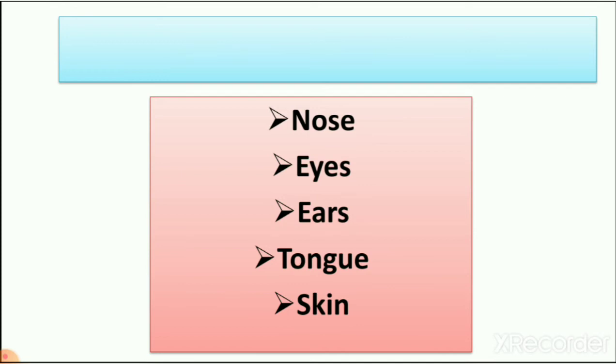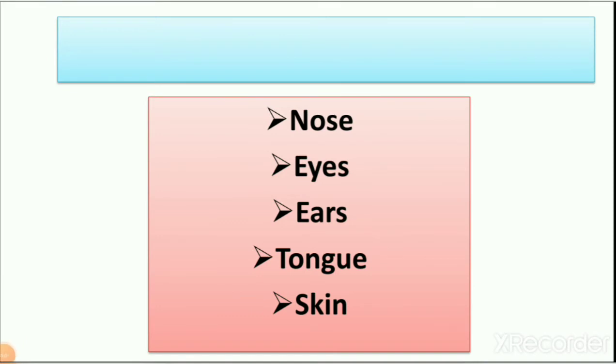As we learn in this lesson, the nose helps us to smell things, eyes help us to see things, ears help us to hear things, tongue helps us to taste and skin helps us to feel and touch. So all these body parts help us to feel the world around.